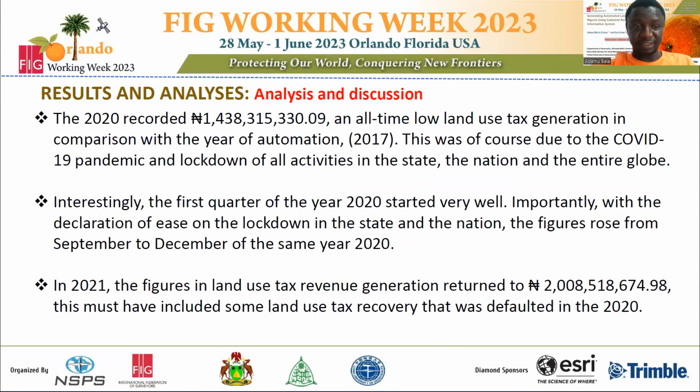However, it was an excellent result. The year 2020 recorded 1.4 billion, an all-time low land use tax generation in comparison with the year of automation, which is 2017. This was, of course, due to the COVID-19 pandemic and lockdown of all activities in the state, the nation, and the entire globe, which I have already earlier mentioned.